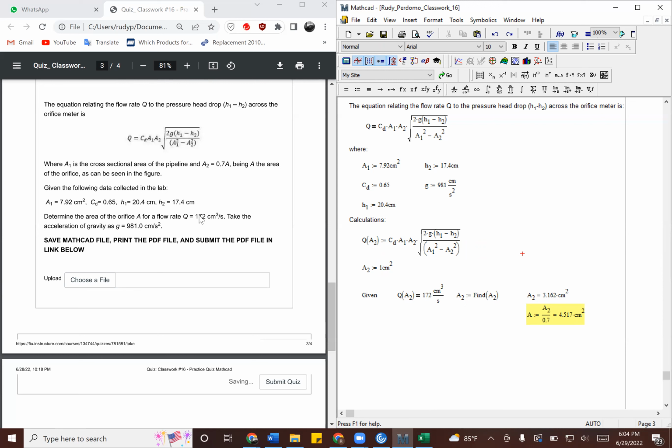They give you this value here, 172 centimeters cubed over S. So we want to know the value of A.2 where this equation is equal to 172. Then it gives us A.2, and you divide A.2 by 0.7, and you should get A.